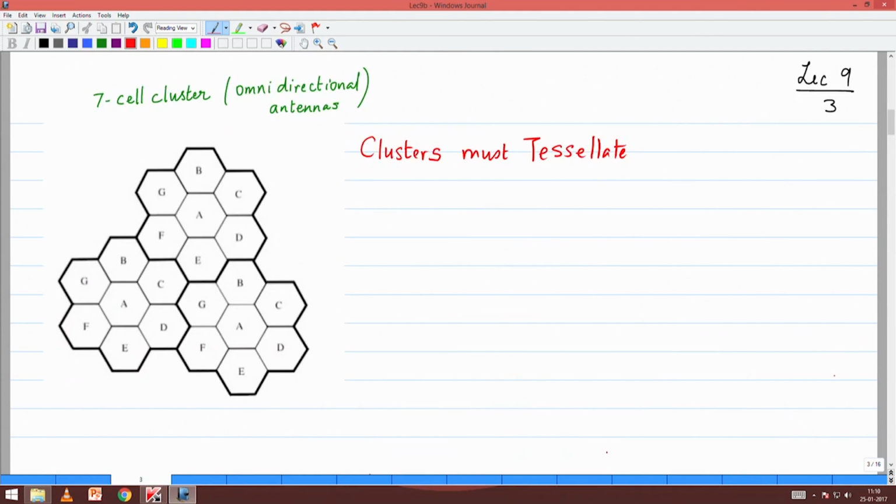Okay? Now, first and foremost, you must get used to drawing a hexagon. A hexagon is probably much easier to draw than the higher order polygons.